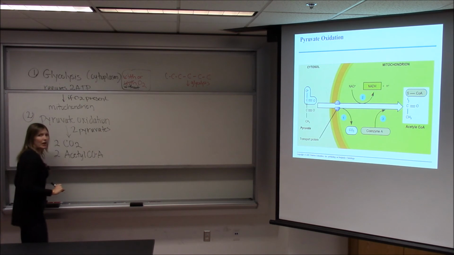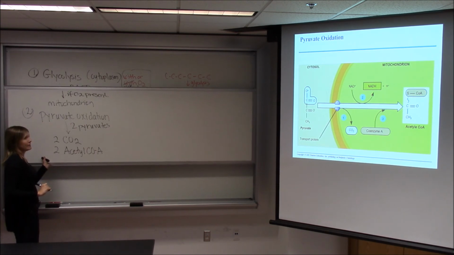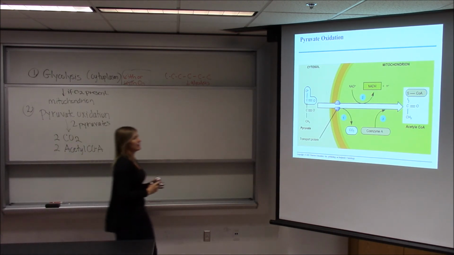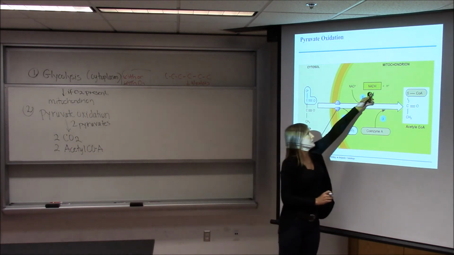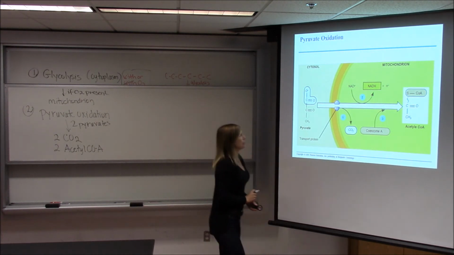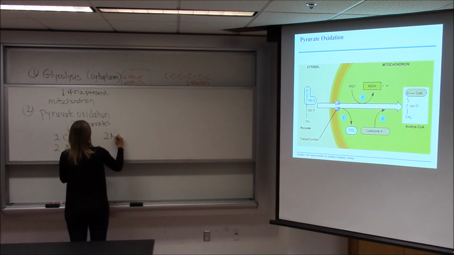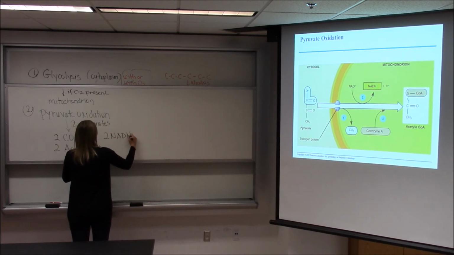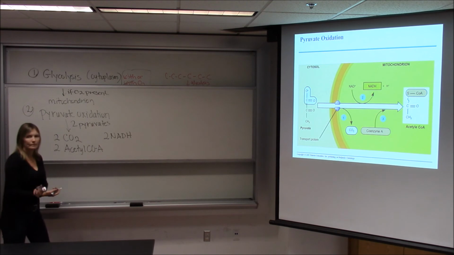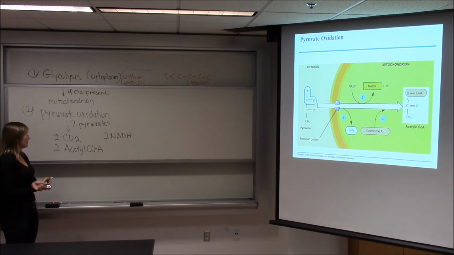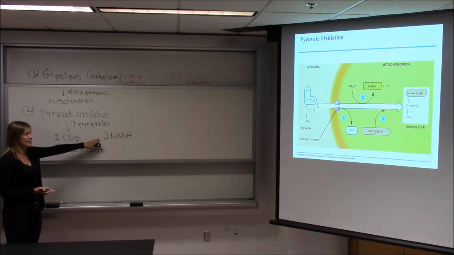Co is standing for coenzyme. We also, for each pyruvate, generate another NADH. So a total of 2 carbon dioxide, 2 acetyl-CoA, and 2 NADH.